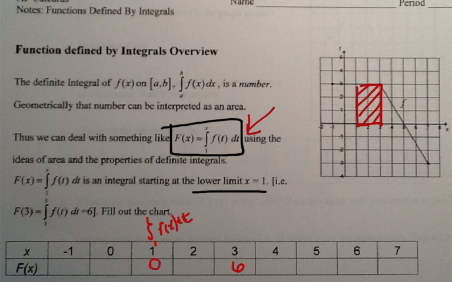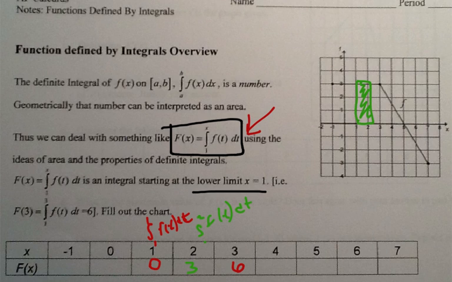Okay, so now let's talk about some of these others. What about the integral from 1 to 2 of f of t dt? That means from 1 over here to 2. What is that area? Well, that's a rectangle, base of 1, height of 3, so that's 3.